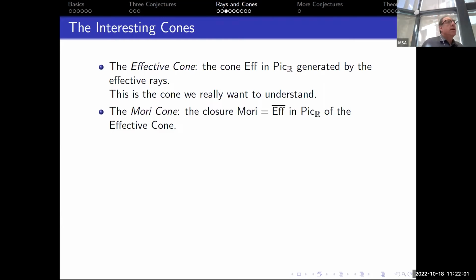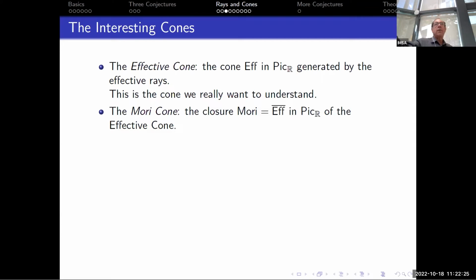This is the cone we really want to understand: which degrees and multiplicities have a polynomial? We'd really like to understand the effective cone of curves. The Mori cone is the closure of this cone. This effective cone may not be closed, and the Mori cone is the closure.